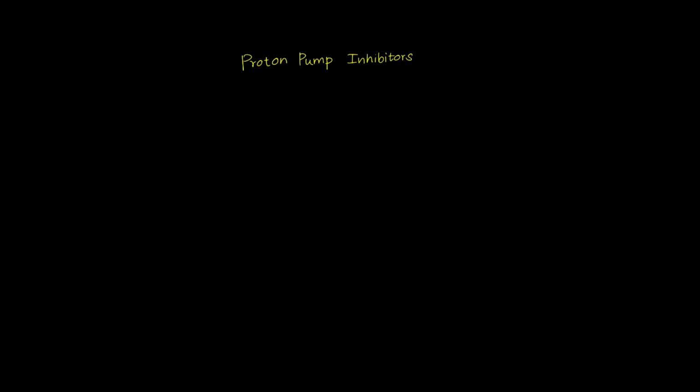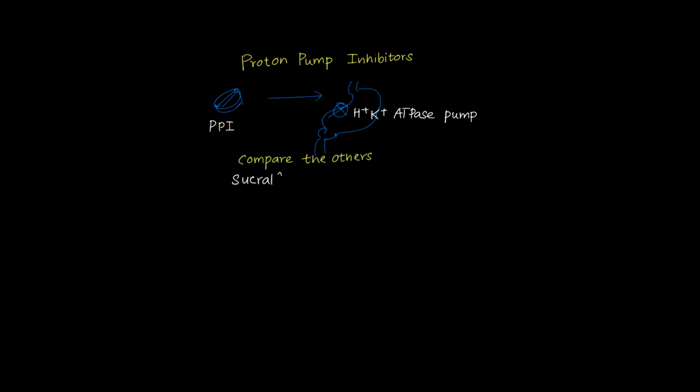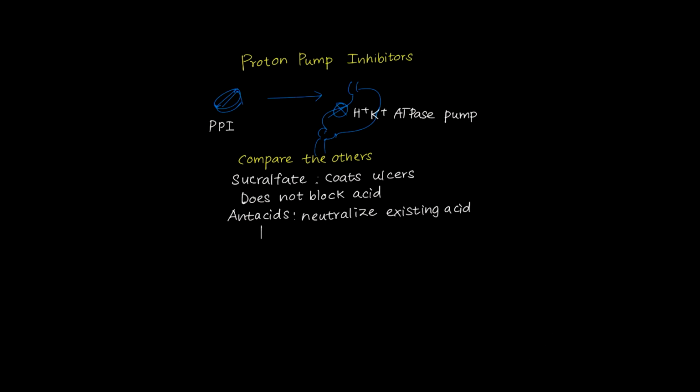Proton pump inhibitors, or PPIs, shut down the actual acid-producing pumps in the stomach lining. Drugs like omeprazole and pantoprazole block hydrogen-potassium ATPase, which is the pump that secretes hydrogen ions into the stomach. Without the pumps working, acid production drops dramatically, and the esophagus gets time to heal. Sucralfate is a mucosal protectant that coats ulcers with a sticky barrier.